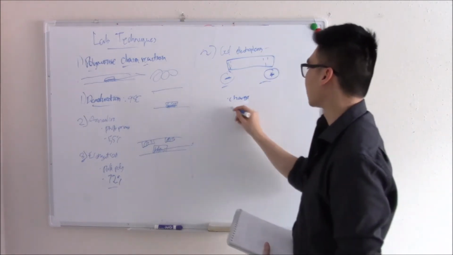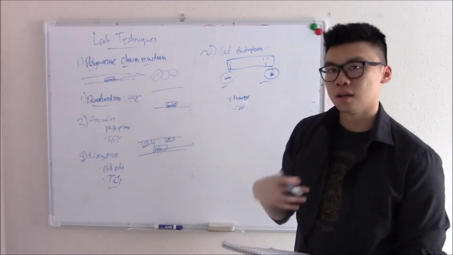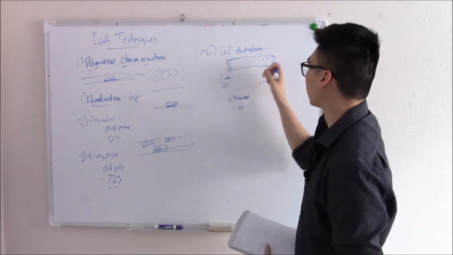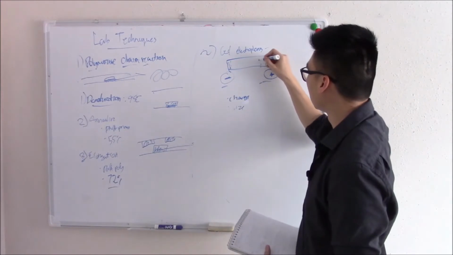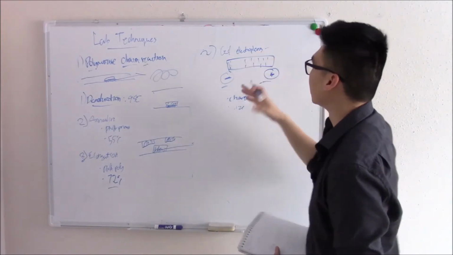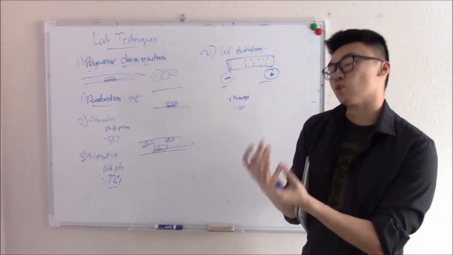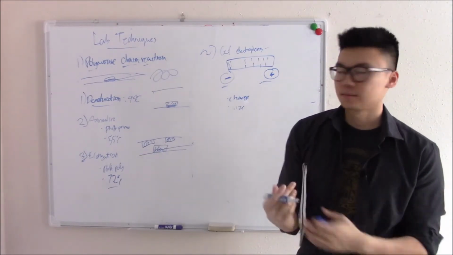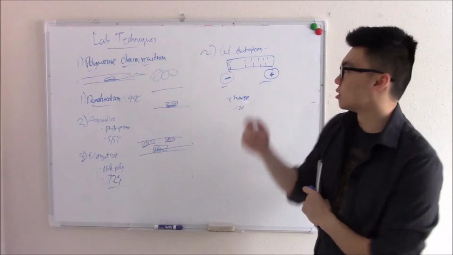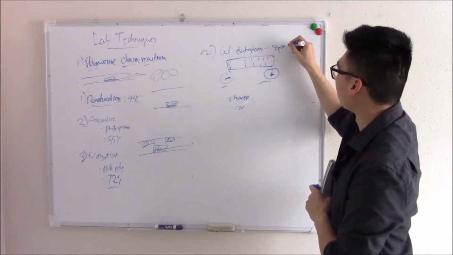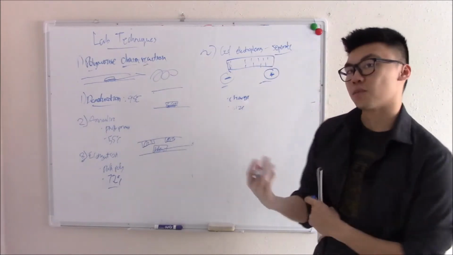You separate them by size. So things that are small, easy to move, again, will move towards this end. Eventually, you'll have nice separated segments, and you can tell and distinguish them apart. That's just gel electrophoresis. That's just used to separate whatever you need to separate.